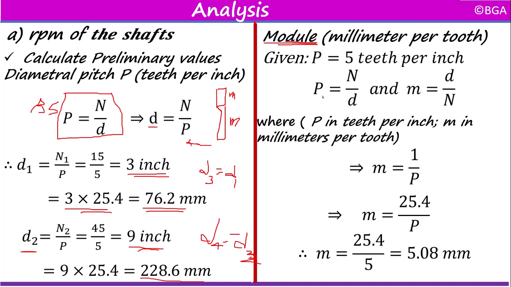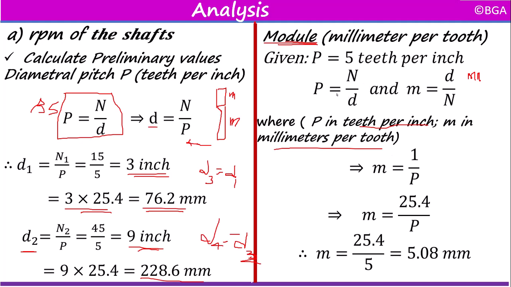Diametral pitch is given by the number of teeth divided by the diameter of the gear, in teeth per inch, and module is the diameter divided by the number of teeth, that is millimeter per tooth.